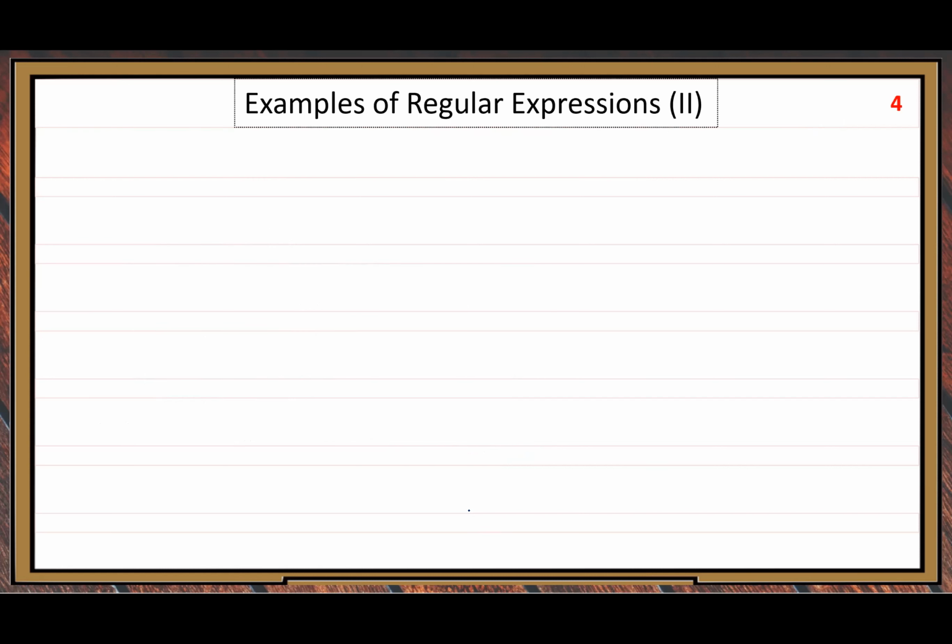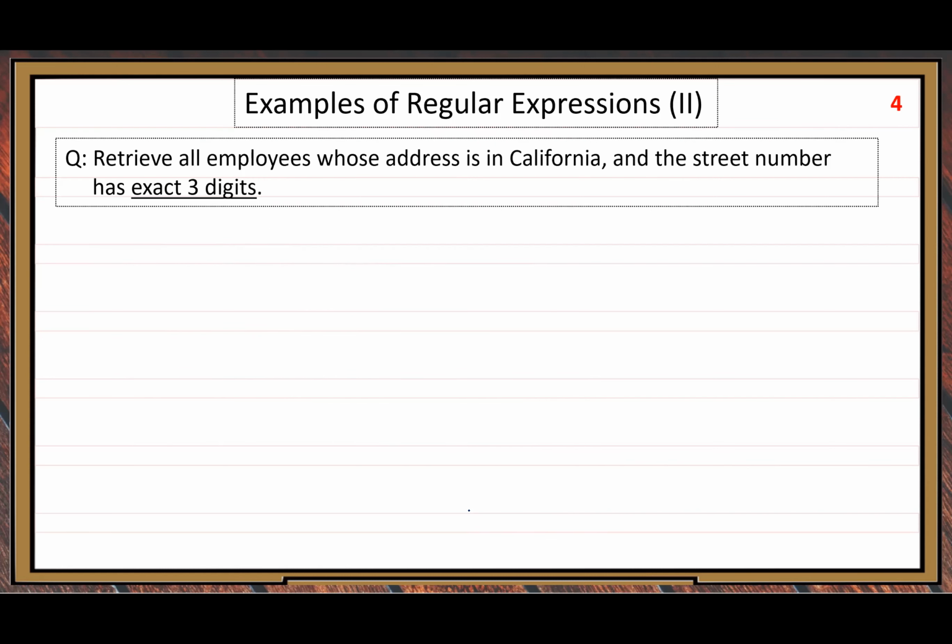Second example, part 2, this question. Retrieve all employees whose address is in California and the street number has exactly 3 digits. Remember last time we described exactly 4 digits, right?